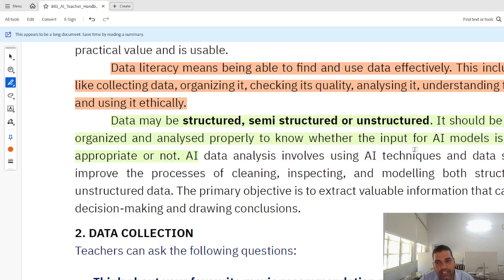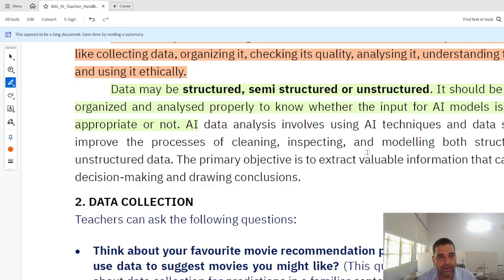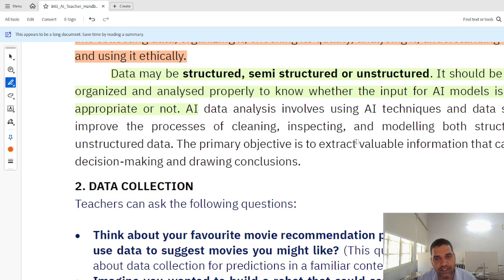Data should be collected, organized, and analyzed properly to know whether the input for the AI model is valid. Because we train the artificial intelligence machine agent with this data, our data should be valid. AI data analysis involves using AI techniques and data science to improve the process of cleaning.